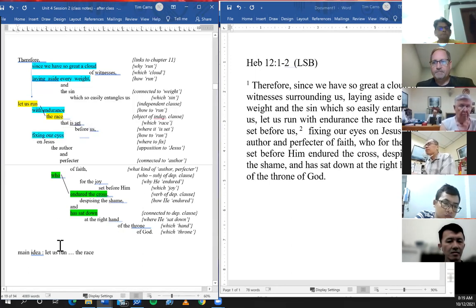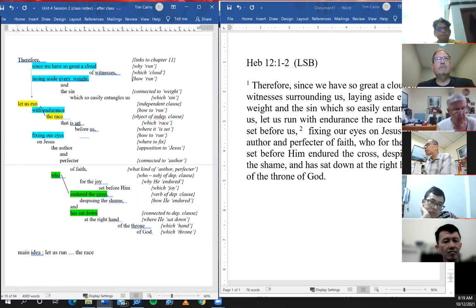You see that? We have two here, a clause and a phrase that are modifying run, telling us why and how. Now, I'm going to actually, with further study, oh, that's right. This is why I said that. I'm going to save that for a little later.